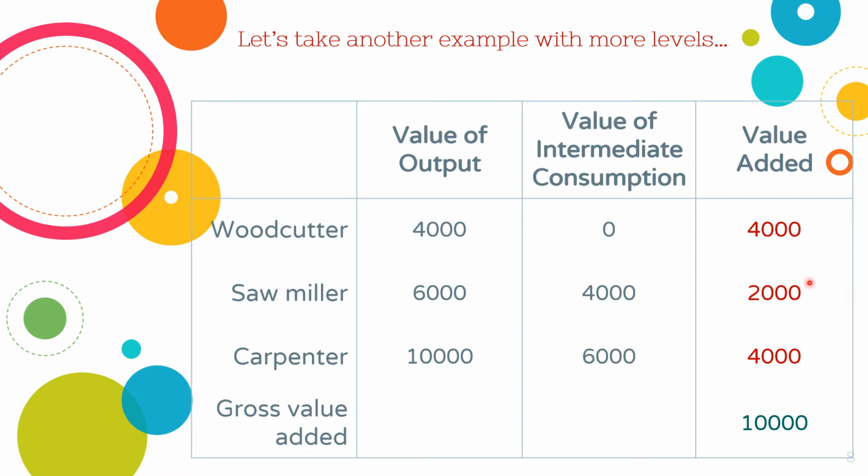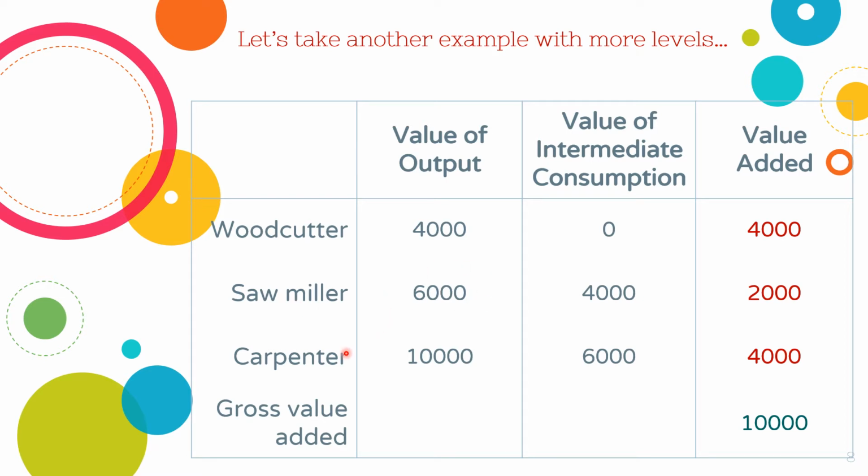As you can see, he has added a value of 2,000 over the 4,000 that he spent to buy the wood from the woodcutter. And how did we get 2,000? 6,000 minus 4,000 gives us 2,000, which is the value added. Now the carpenter buys the planks of wood from the sawmiller for a sum of 6,000.